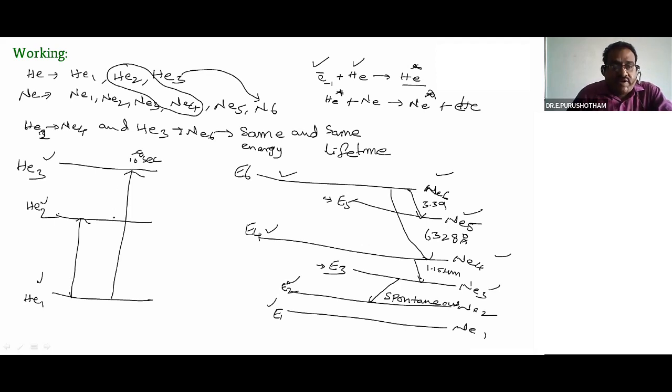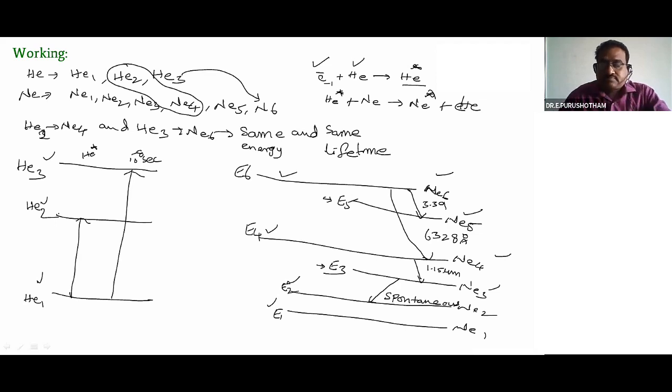In the excited state, the helium atom cannot stay for a long time. It can stay up to 10 to the power minus 8 seconds, which is called the lifetime. After that, the excited helium atom returns to the ground state by itself.